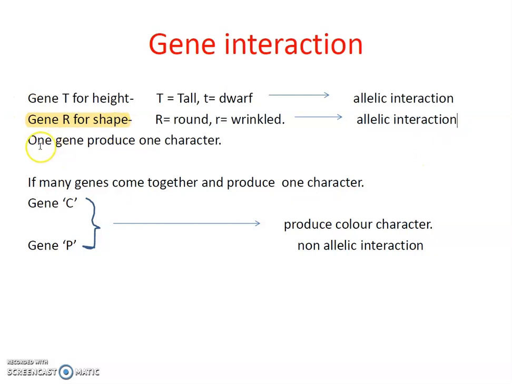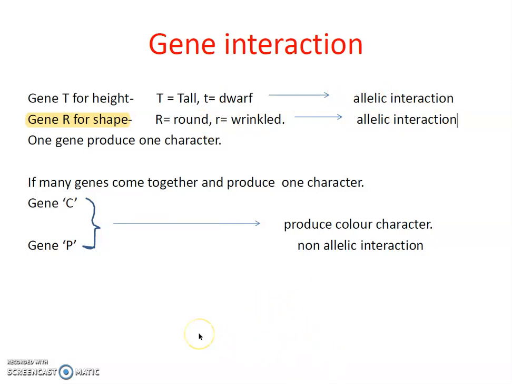So one gene produces one character. T produces height and R produces shape, but shapes are different, maybe round or wrinkled. And heights are also tall and dwarf. So the cross between their forms, TT and RR, is called allelic interaction.